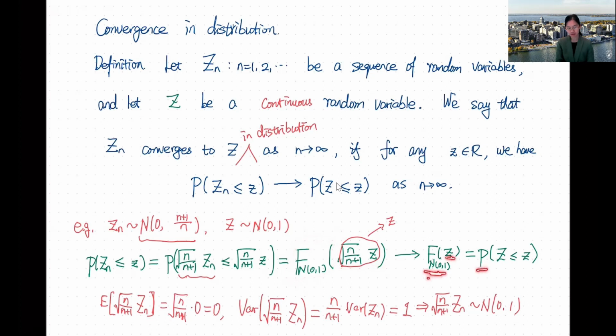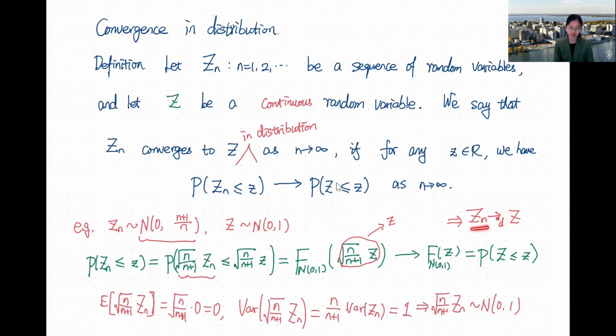And that is exactly the probability that Z is less than or equal to little z. So we have proven that for any given little z value, the CDF of Zn converges to the CDF of Z. Therefore, Zn converges in distribution to Z. We use this notation, arrow sub D, to denote convergence in distribution.